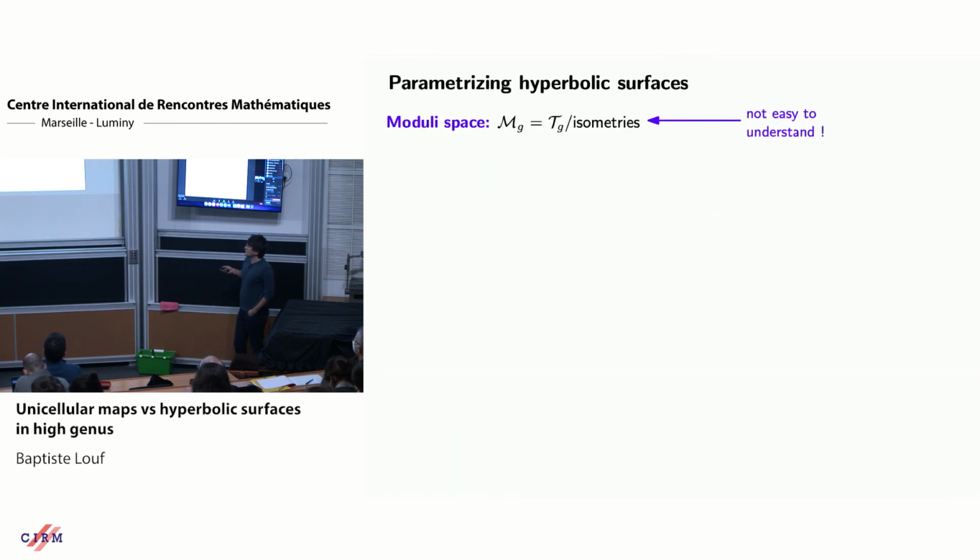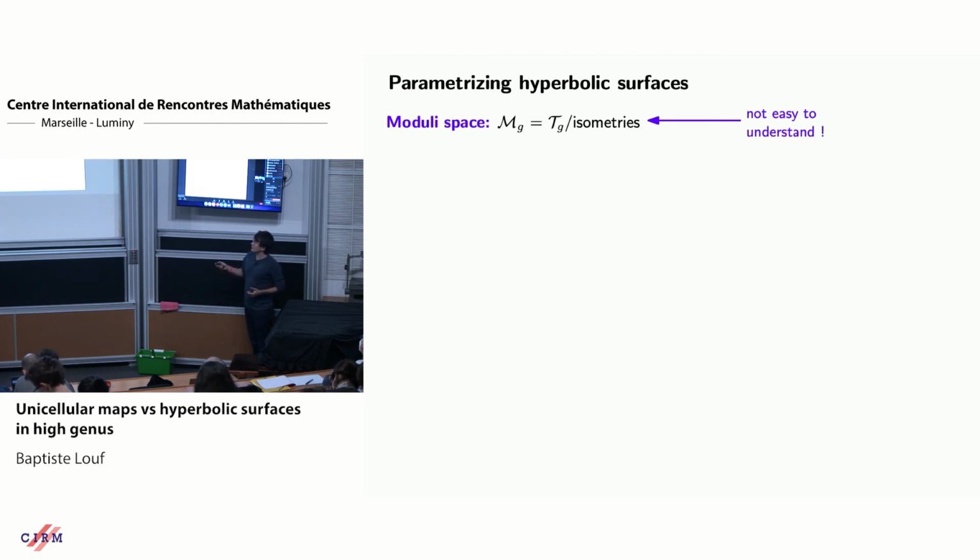But what we're interested in is actually not the Teichmüller space, it's the moduli space. The moduli space is just the Teichmüller space, the space of all hyperbolic surfaces, up to isometries. I'm not going to tell you exactly the definition of an isometry, but you can imagine roughly what it means. And the problem is that it's not super easy to understand the isometries of this Teichmüller space.